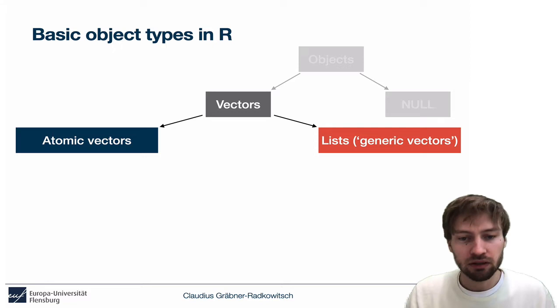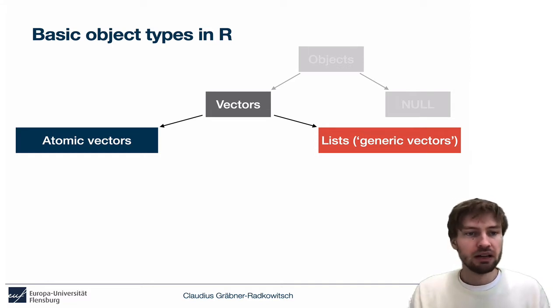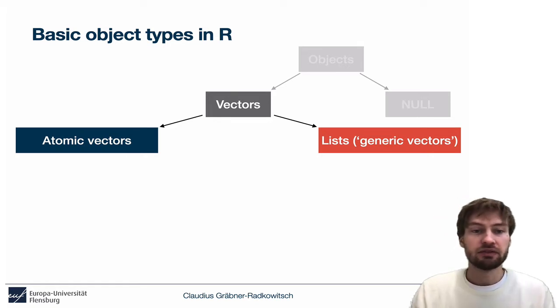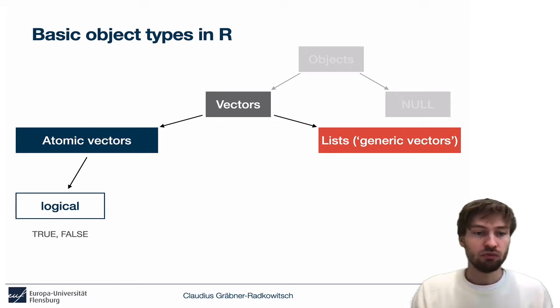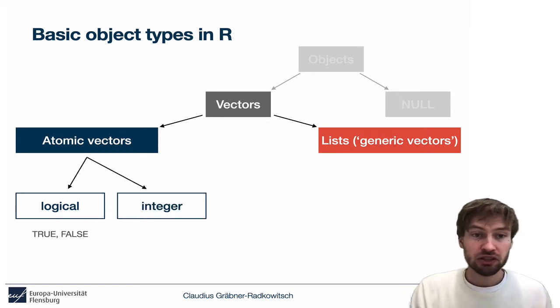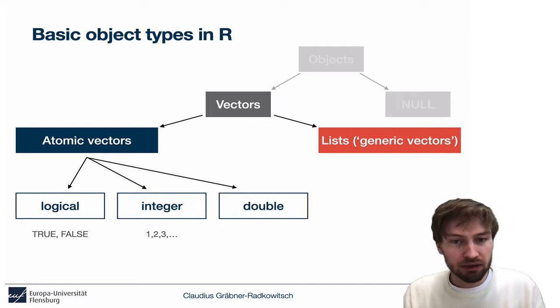But for the sake of having an overview, you should anticipate already that atomic vectors can be of different subtypes. So there can be logical values, like true or false. There can be integers, like whole numbers, like 1, 2, 3. There can be doubles.